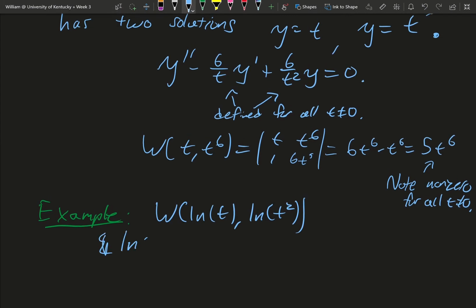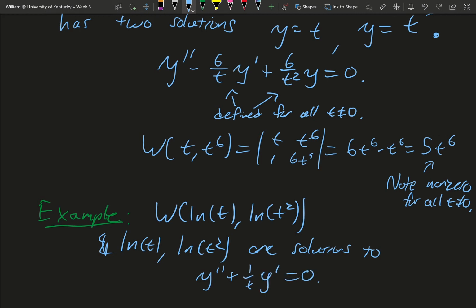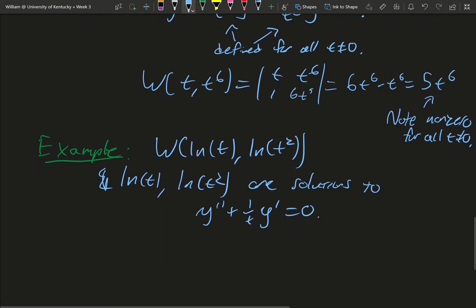So ln of t and ln of t squared are solutions to y double prime plus 1 over t y prime equals 0. And we could go ahead and check that.